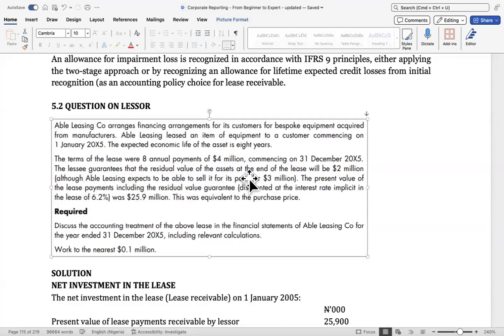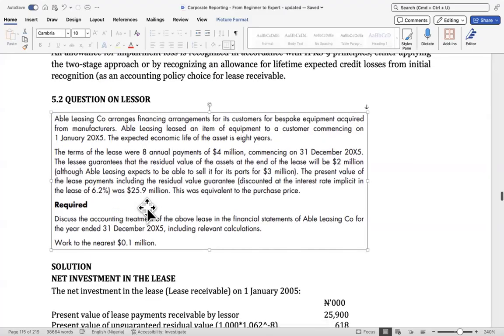Although Able Leasing is expecting to sell it for 3 million, that means there's a difference of 1 million unguaranteed. Then they also give us the present value of the lease payments, including the residual value guarantee. So they have already told us, so that you won't be stressing yourself like the other time, that the 25.9 million has already considered the residual value guarantee. It's included already. So let's do the accounts.